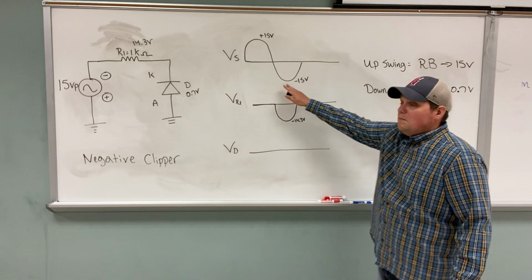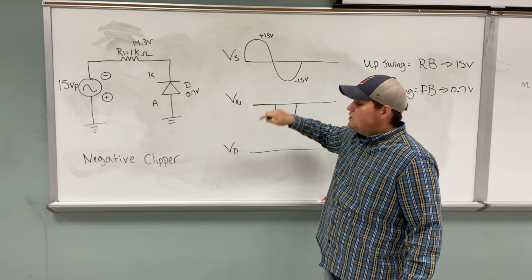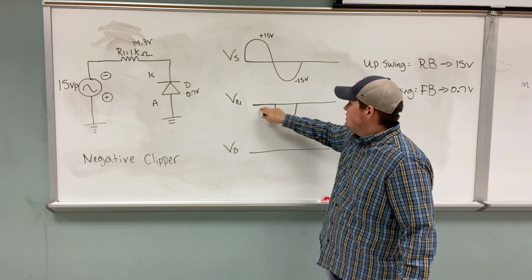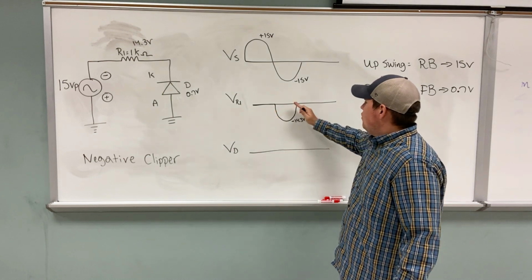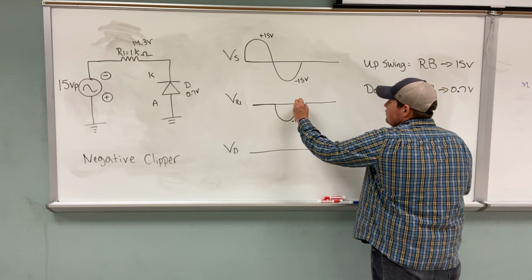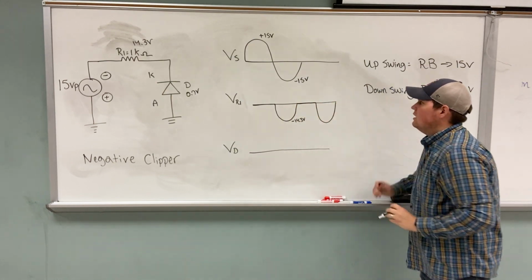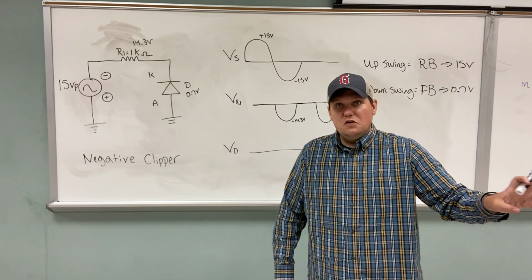So if you look from my original source here, basically what I'm doing is I'm now only allowing current to flow in one direction again. However, it's just opposite of what I had the first time.